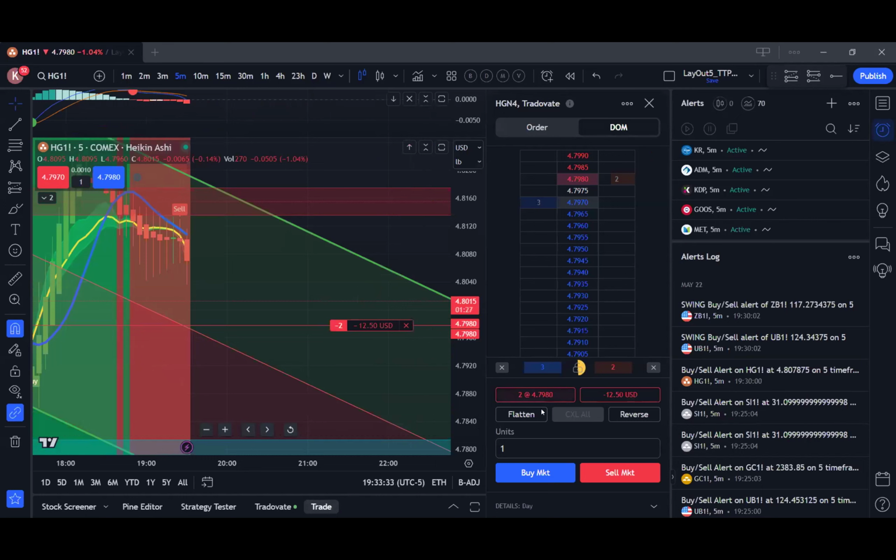The price I traded is 4.7980. So if I want, I can even take one profit at a 70, and then I'll take the remaining profits later.